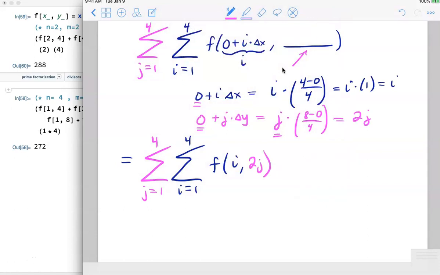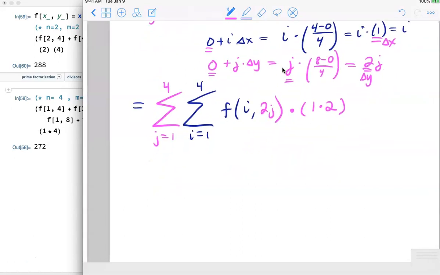Okay, and then we would have the width of those rectangles. We would have the delta y, excuse me, delta y, delta x, and the area was going to be 1 multiplied by 2. Right? So what we're seeing here is that this is i, this 1 here is delta x, and this 2 here is delta y. Okay.